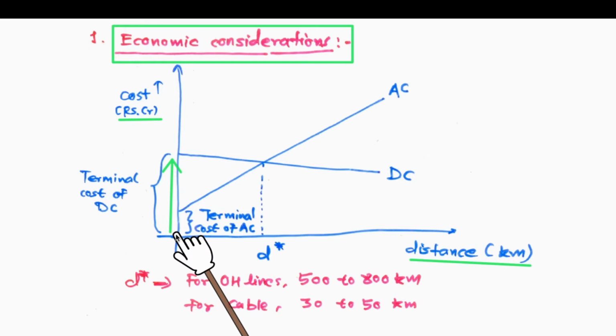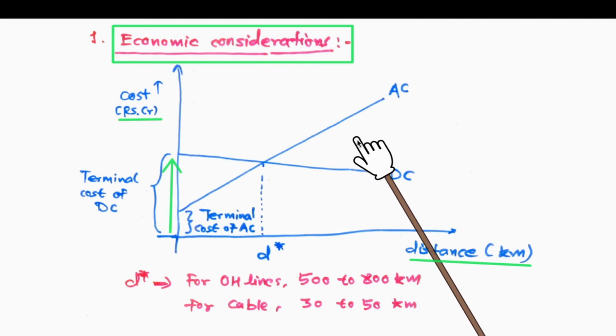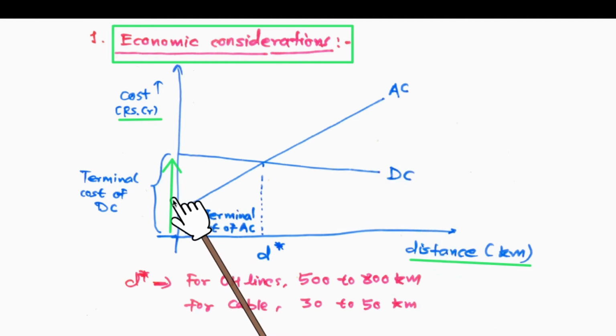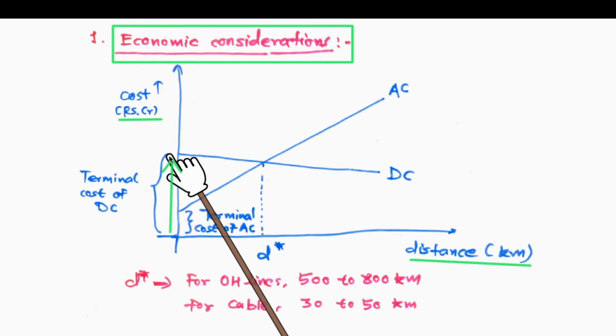Rectifier at the sending end and inverter at the receiving end. So that is why terminal cost is higher. And we have to understand that is a bulk power transmission. The size of rectifier inverter is very, very large. Consequently, there is a cost, right? So size and cost of terminal.